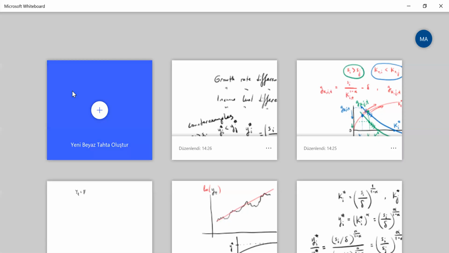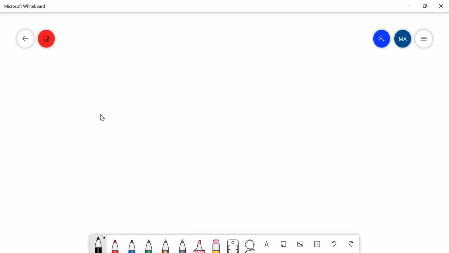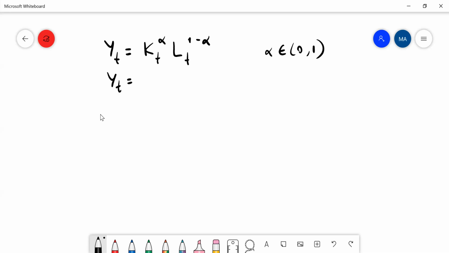Now, what I want to do is to introduce labor, right? So now I'm going to write the production function in this typical Cobb-Douglas way, right? Alpha again is between 0 and 1. And once again, I will keep this simple. I will keep this set of simple assumptions.